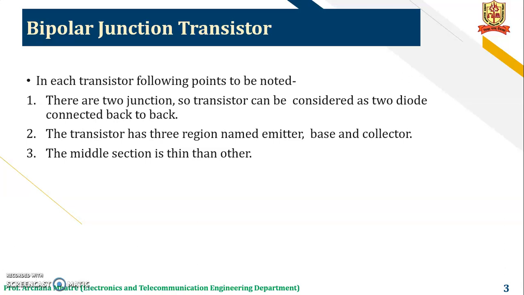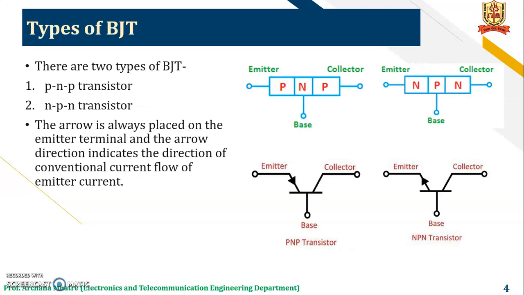The transistor has three regions named emitter, base and collector. The middle section is thinner than the others. Normally the middle section is the base, which is thinner than the emitter and the collector.